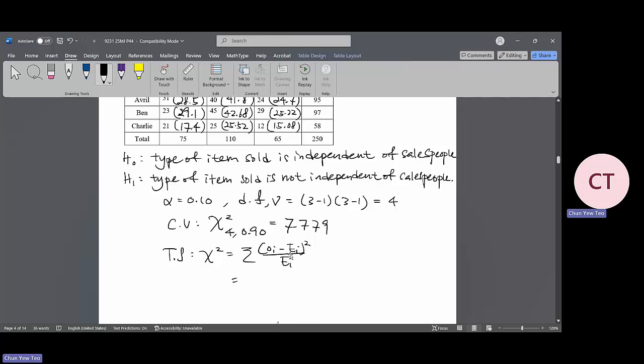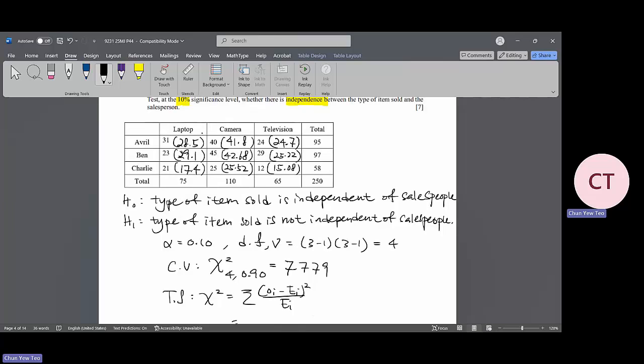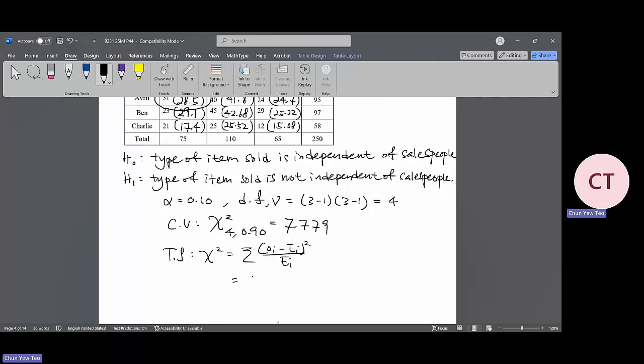So I need to calculate the first one over here. To calculate it, you're supposed to take 31 minus 28.5 squared divided by 28.5. Okay, but since I have shown the formula such a way, there's no need for me to write this one out anymore. I just press directly from the calculator.